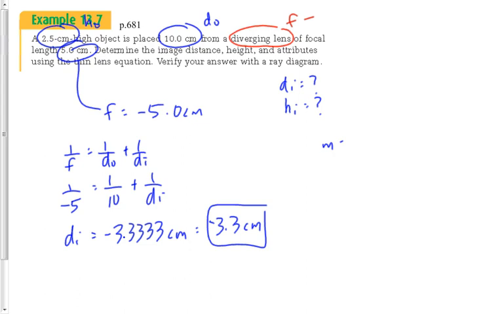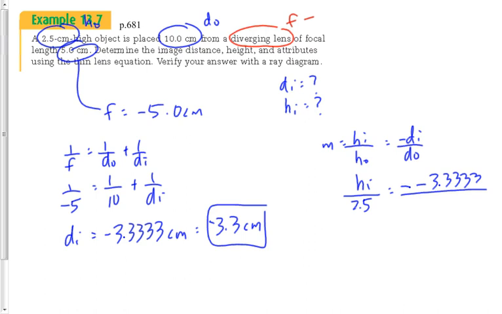Now the next equation, m is equal to hi over ho. Does this feel like the same thing? Yeah, it is the same thing as we were doing before. So this should go pretty quickly for us when we're doing our homework here. Hi, we're looking for. Ho is 2.5 centimeters. Di is negative 3.3333 over do, which is 10.